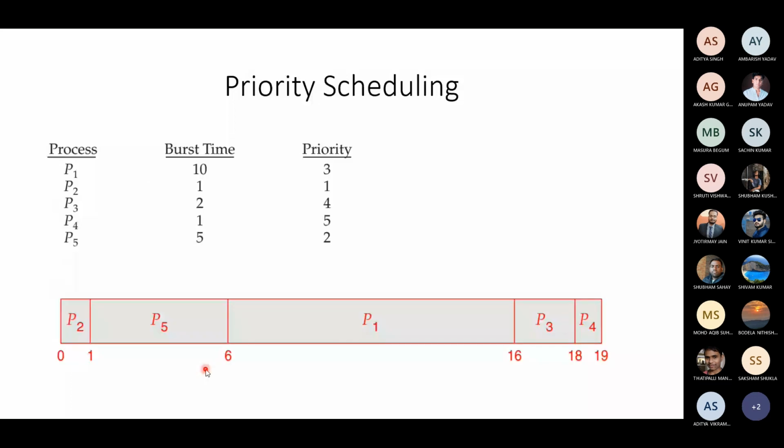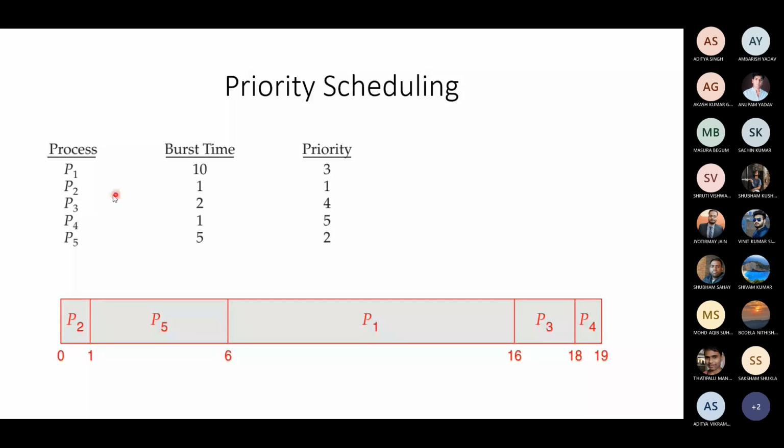Right. Okay. So let us discuss again with some example. Let us assume that we have processes P1, P2, P3, P4, P5. We have burst times. Also, we assign priorities. There is another additional parameter called priority. Now we will schedule the processes as per the priority.